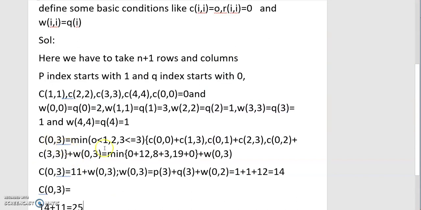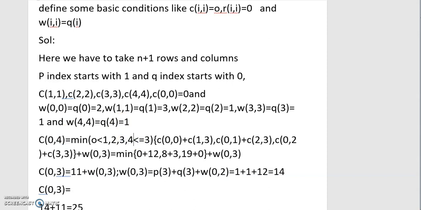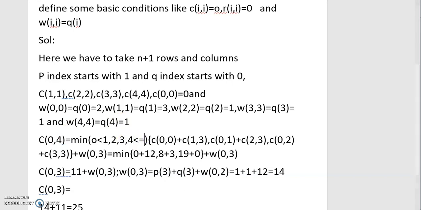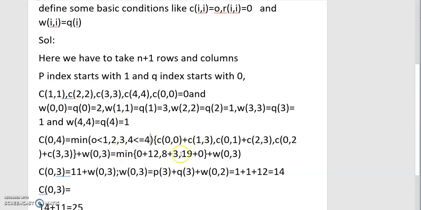For C of 0 comma 3 you got 3 K values, but for C of 0 comma 4 you will get 4 K values. Just change and add only one value. This is the way you need to solve it using dynamic programming. This is the procedure. Okay, thank you.